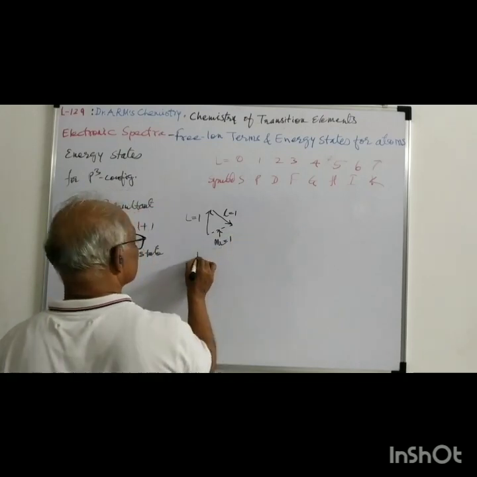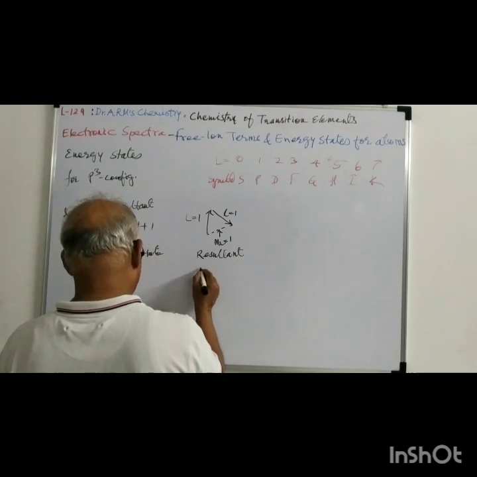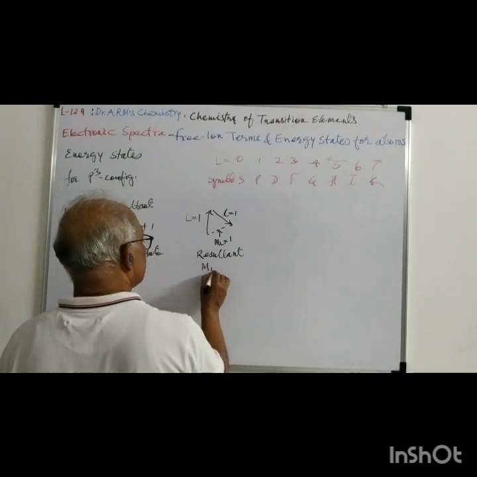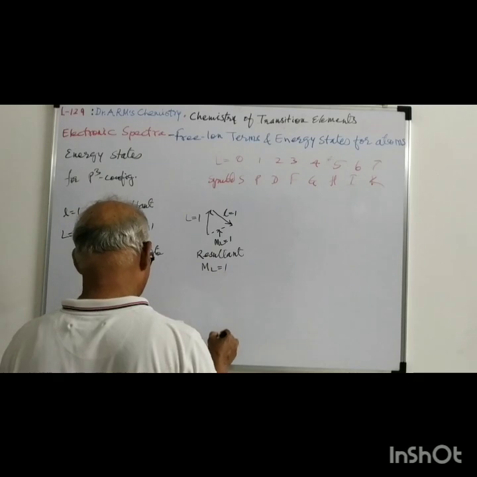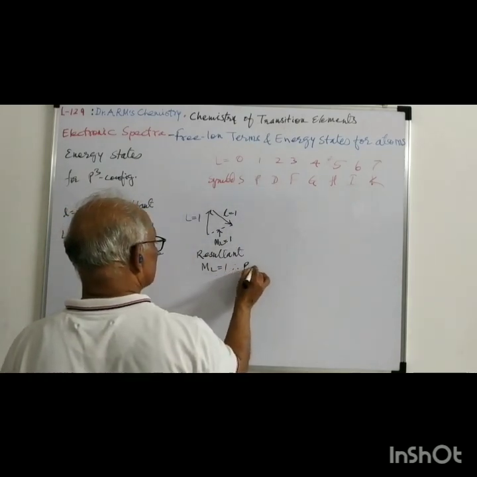Therefore the resultant ML is equal to 1, and for 1 the state is P. Therefore P state.